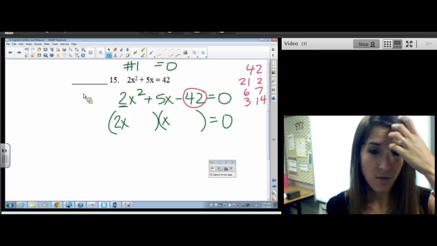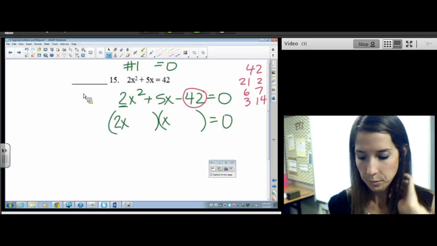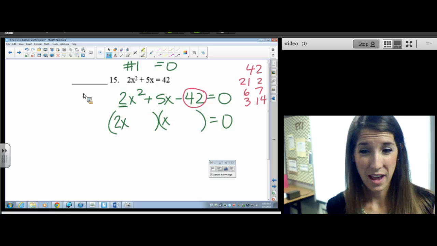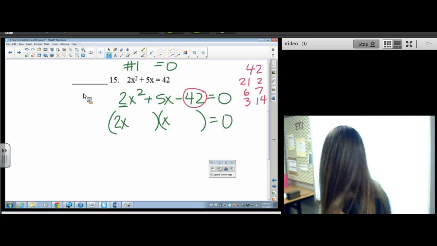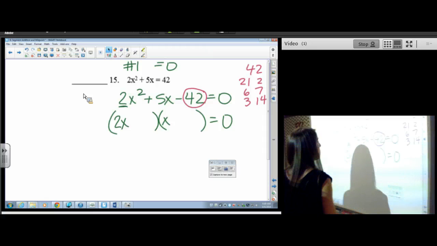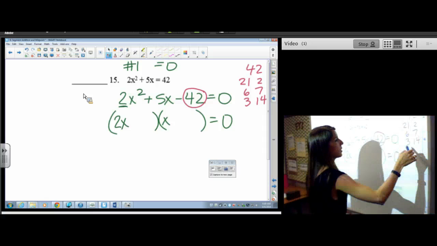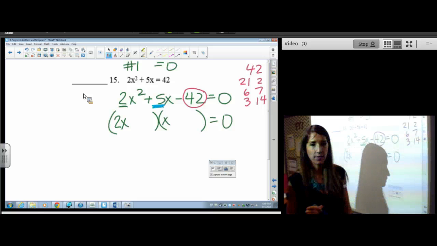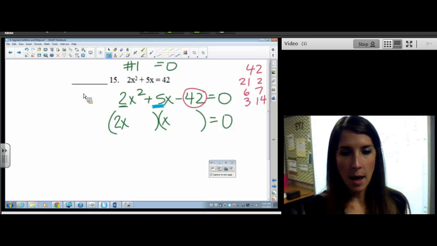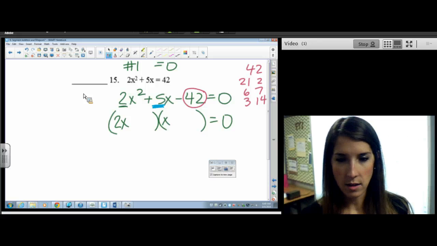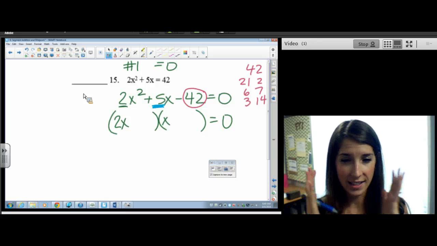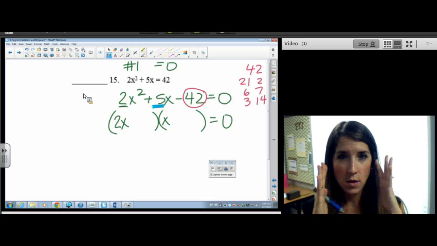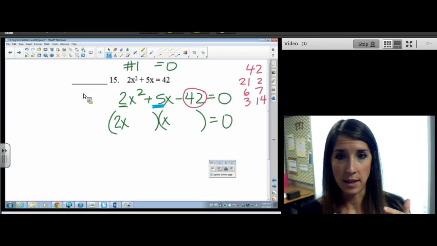You list as many factors as you can think of. Here's where we have to kind of play a little bit of a game. You get to double one of these numbers, and somehow you need to make a 5 out of it. And I can see the answer right away, but if you can't see it right away, then you need to play with them.